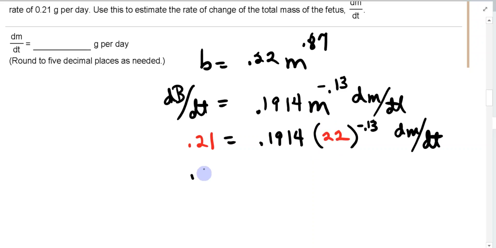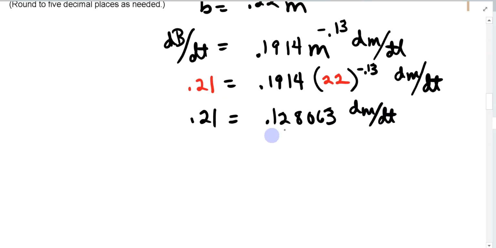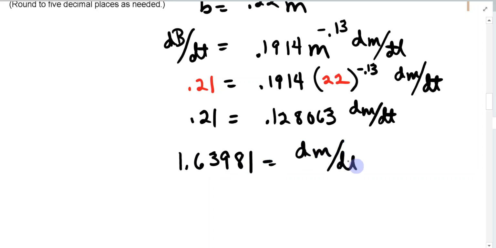All right, so 0.21 equals 0.128063 dm/dt. Let's go ahead and divide both sides by this number. And so we have 1.63981 is equal to dm/dt.